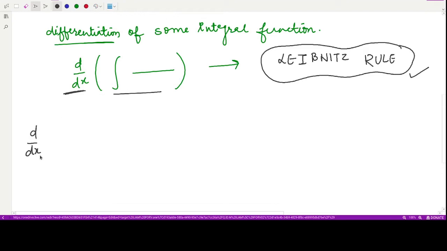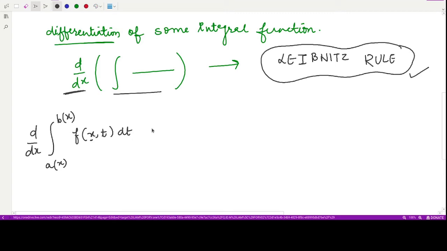If we want to calculate the derivative with respect to the variable x, and the integral function is some function of two variables, say f of x, t dt, and the limits could be anything, I'm saying the limits are functions of x. The lower limit is also a function of x, and the upper limit is also a function of x.